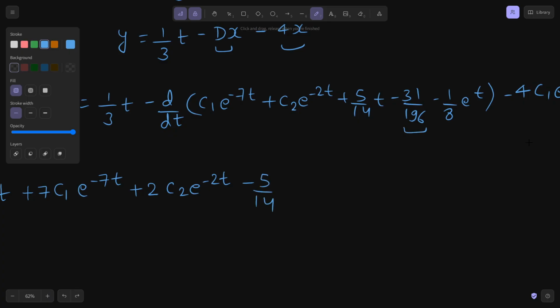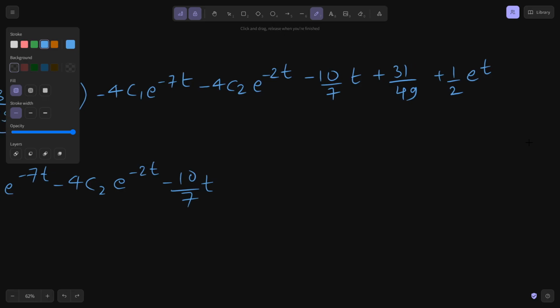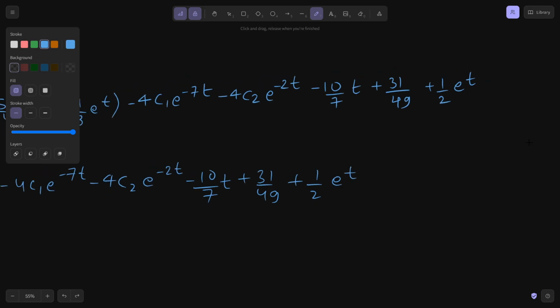This constant term derivative will go, e power t derivative is e power t only, and minus minus plus, so 1 by 8 e power t, and the rest of the terms are to be copied as they are. So minus 4 c1 e power minus 7t minus 4 c2 e power minus 2t minus 10 by 7t plus 31 by 49 plus 1 by 2 e power t.